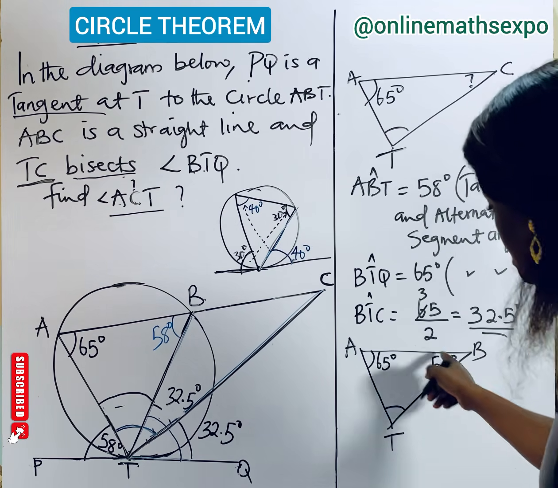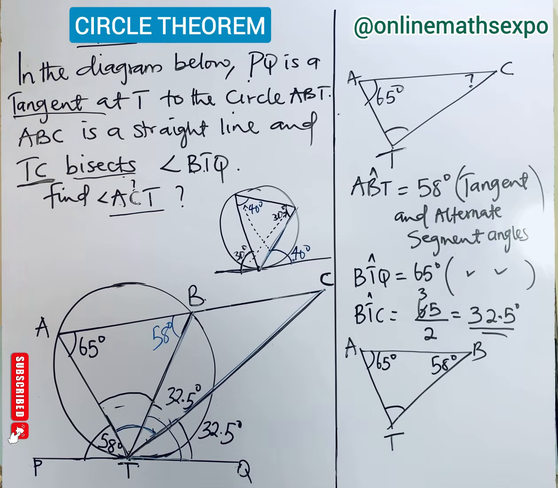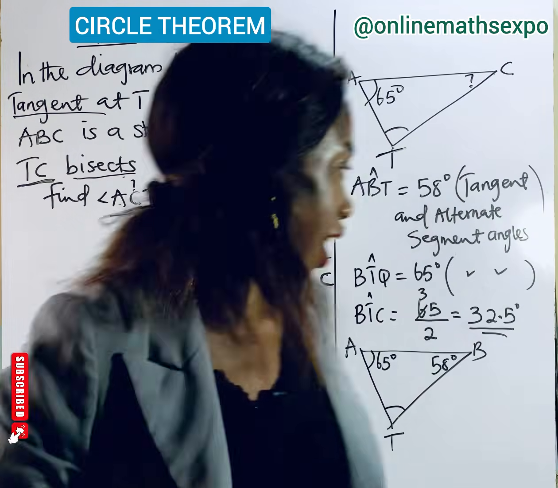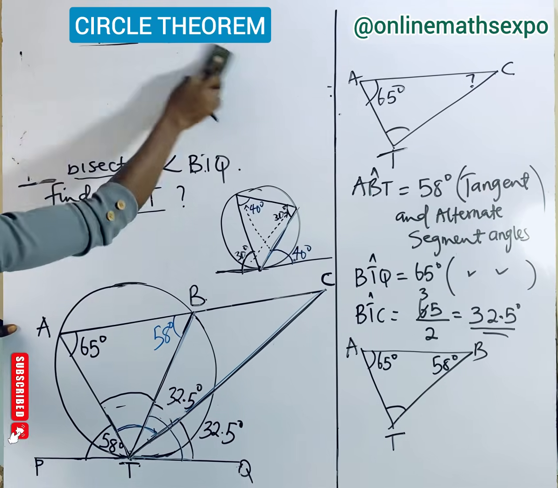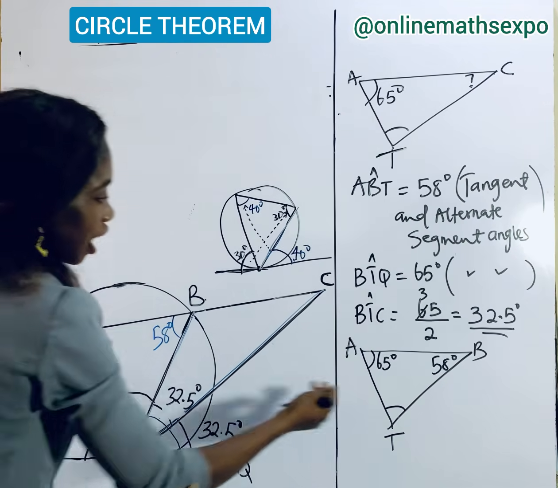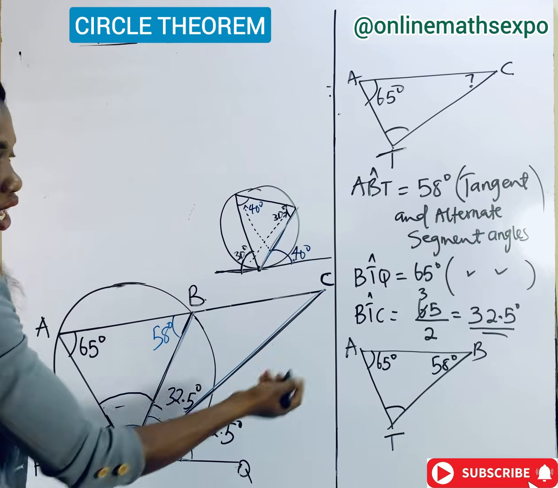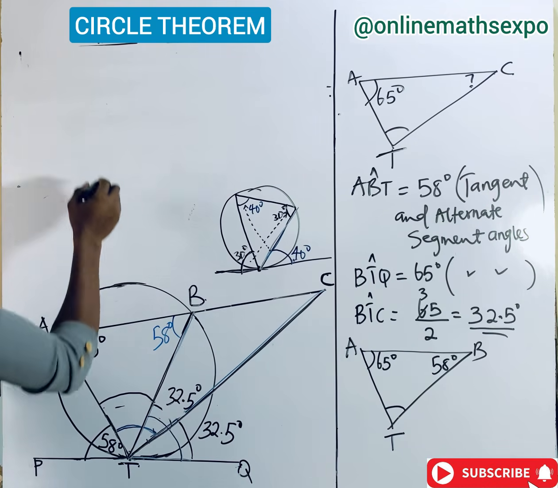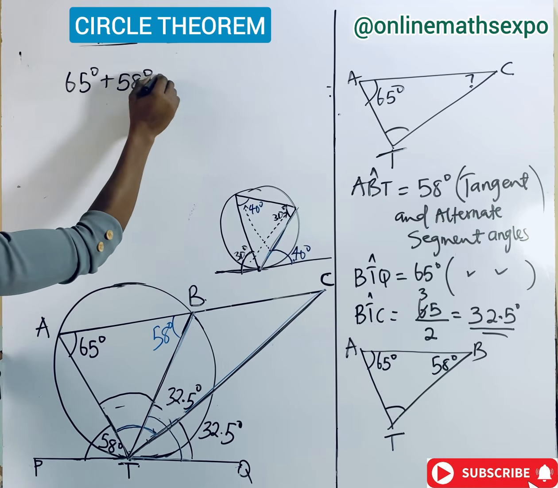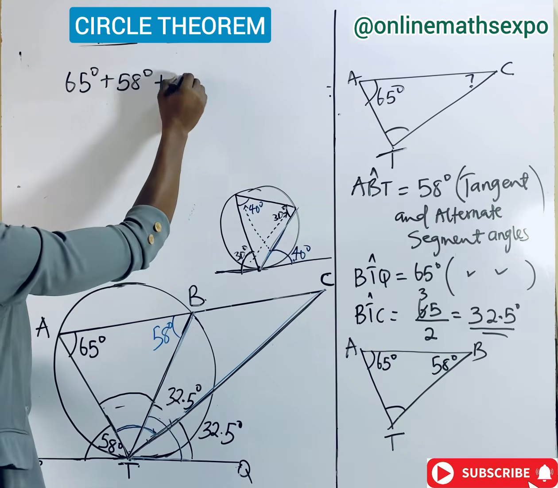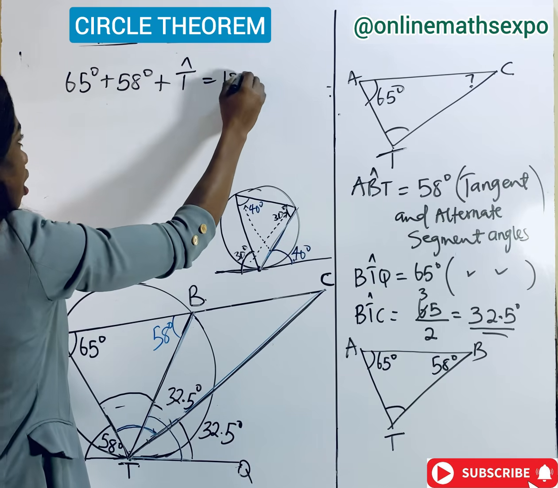What do you do? Total angles in a triangle is 180. So we can say that 65 degrees plus 58 degrees plus this angle at T is equal to 180 degrees.